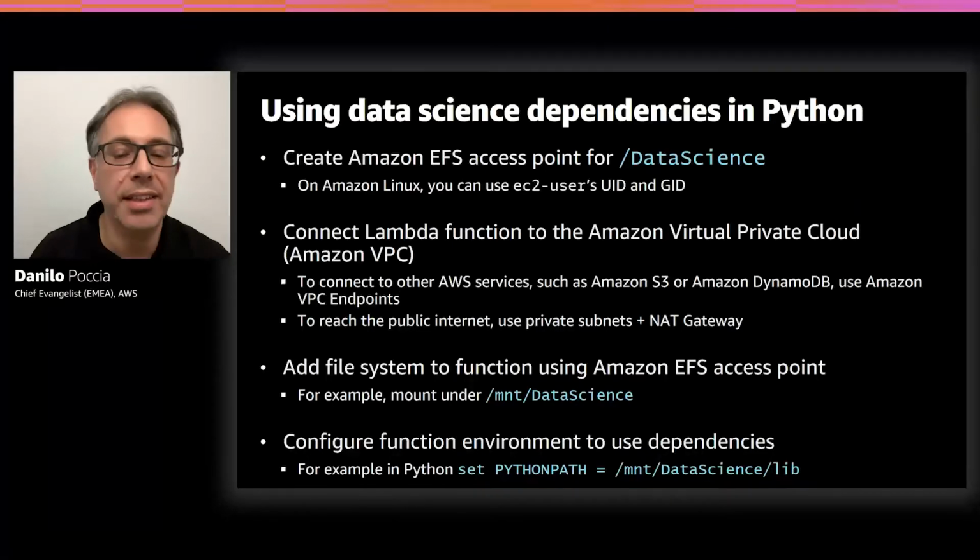You may need to create a NAT gateway, or for services like S3 or DynamoDB, you can create and use a VPC endpoint. And then you can add the file system to your function. And last point is that every runtime environment normally has an environment variable that tells the runtime where the dependencies are. So for Python, you should set the PYTHONPATH to the directory in the mount point used by the EFS file system to find the dependencies.